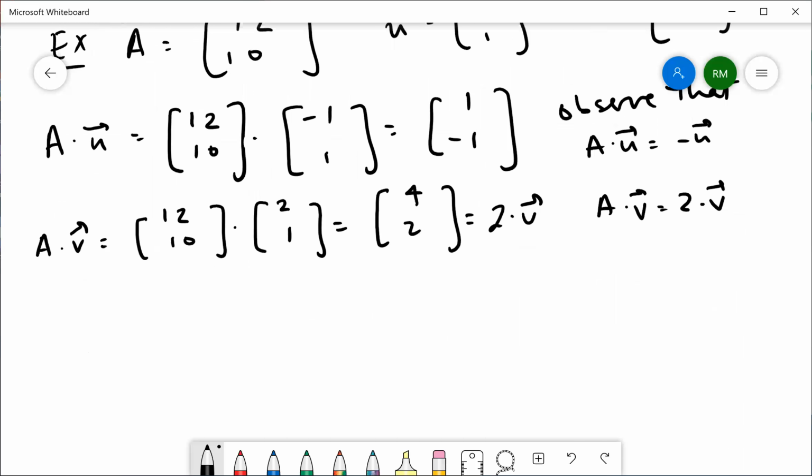So if we draw a little graph, 1, 2, 3, 1, 2, 3, 1, 2, 3. If this is my vector u, this is my vector A times u.